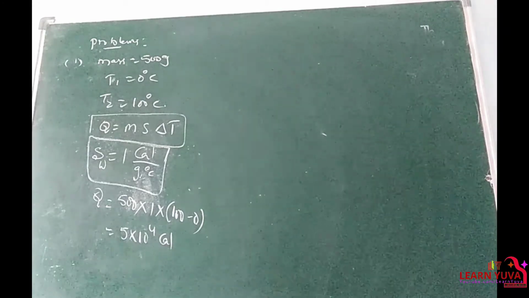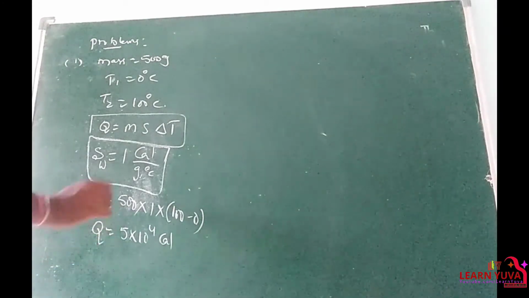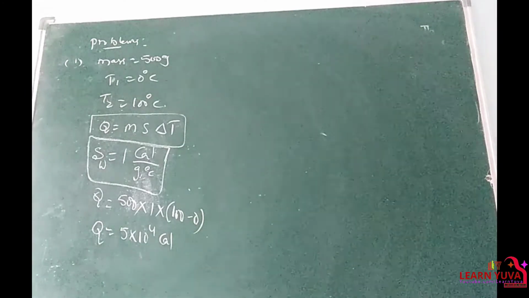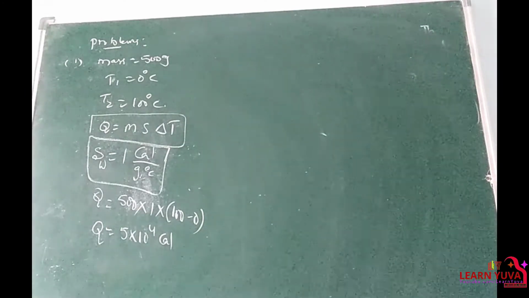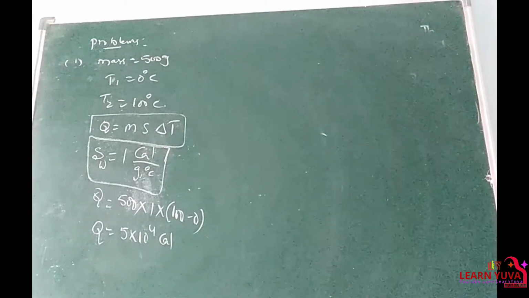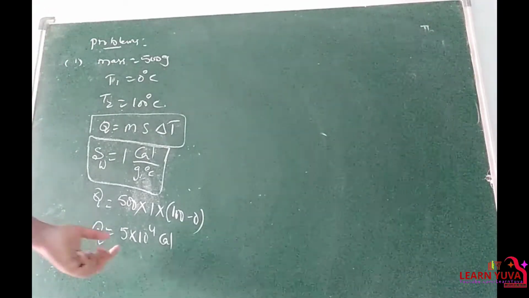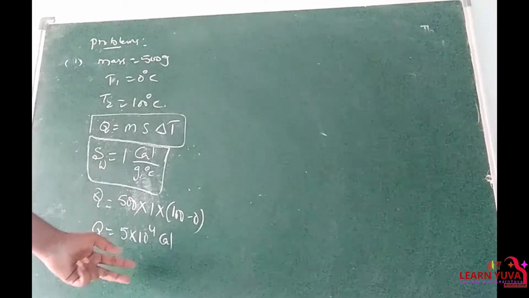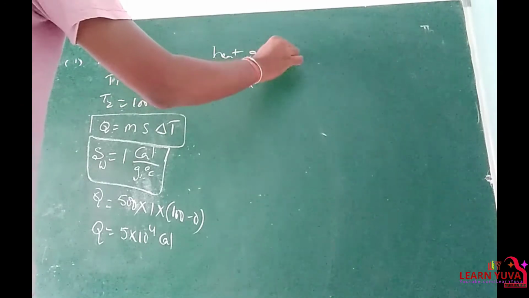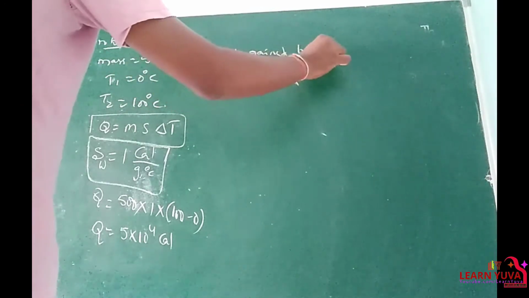This is the heat amount present in those bodies. Now, there are two bodies. One is hot water and another one is cold water. It is the total amount of heat, but we want the heat gained by cold water.